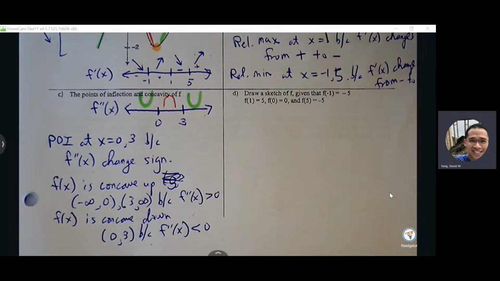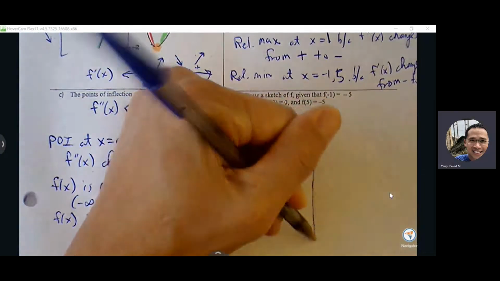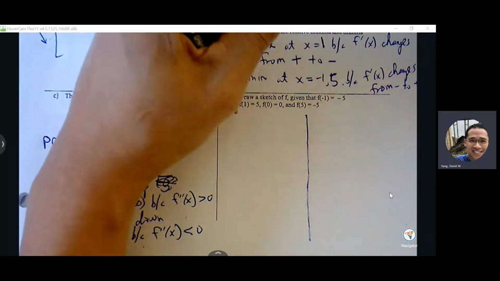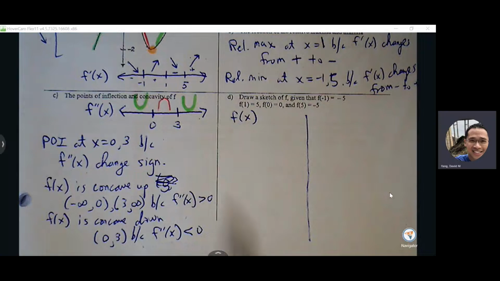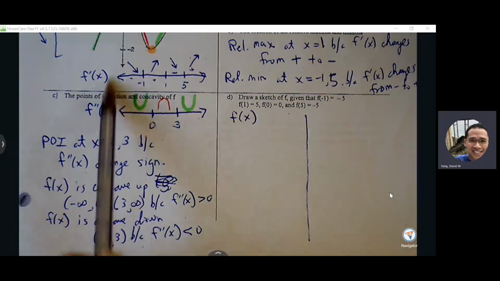Okay, to draw a sketch of the graph, let's split this up into 2 spaces here. One I'll do f of x, and one I'll do f double prime. I can go ahead and plot all my ordered pairs, and I'm just going to rely on my slope and concavity sign line to do the rest.